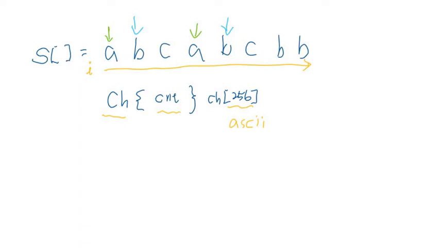While we iterate the characters of string S, we have to count each character by increasing 1 using this array. At every iteration, we have to check the longest substring.